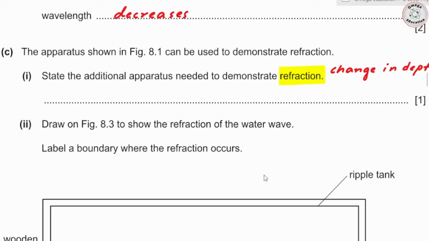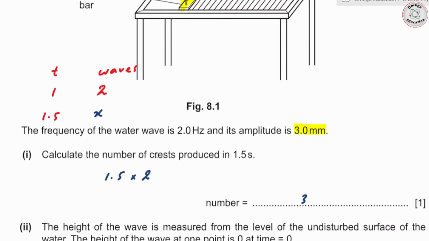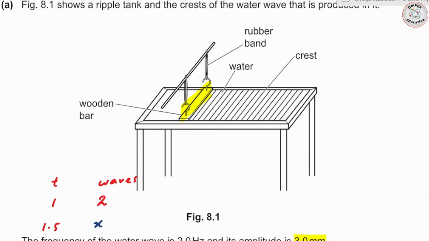For example, when light travels from glass to air, refraction occurs. But in water waves, the refraction occurs due to change in depth of the water. So what you need is a rectangular block, a wooden block, or a glass block. Generally for our experiments in our science lab, we do have a glass block. We just place it somewhere over here.